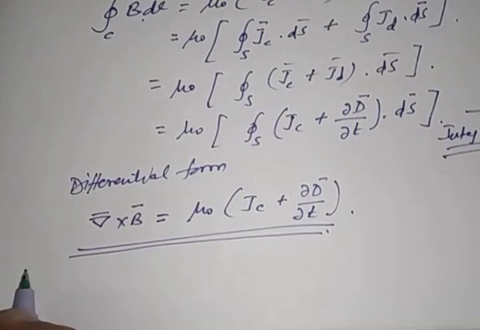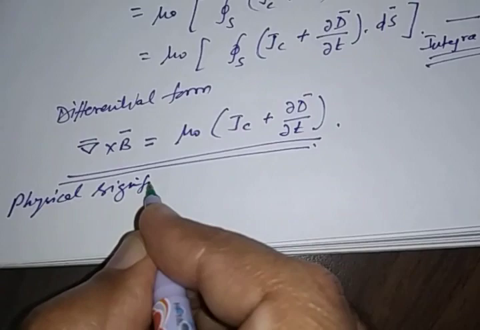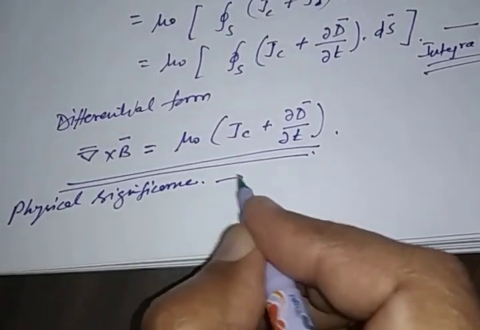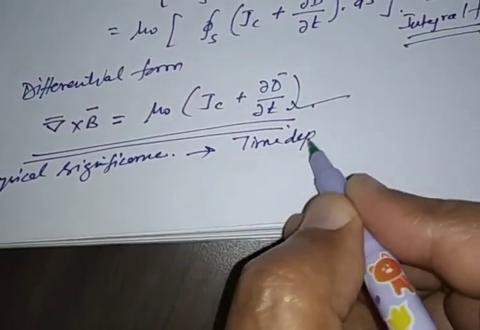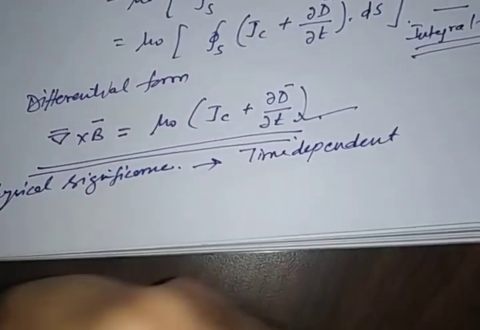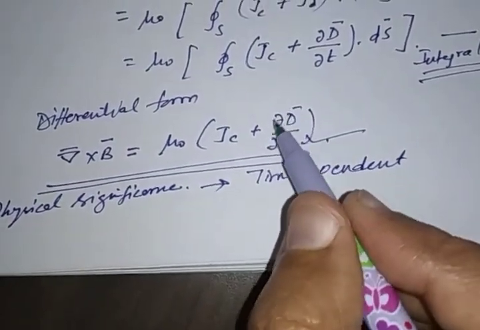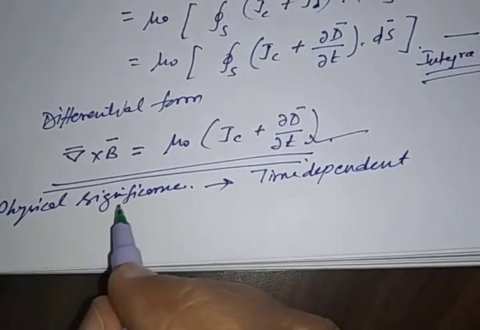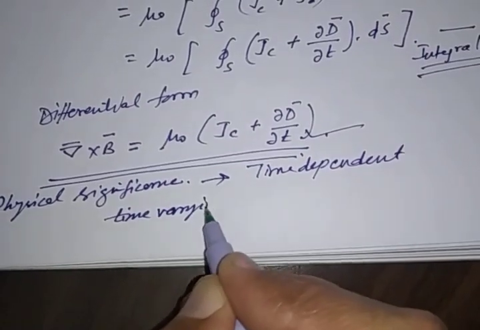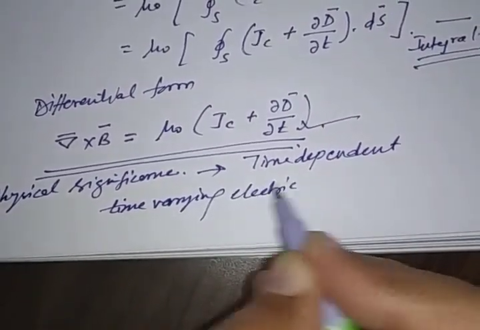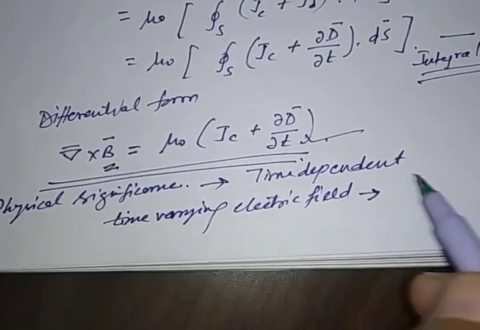If you see the physical significance, we can easily make out that this equation is time dependent, and that the rate of change of electric field, or we can say a time varying electric field, produces a magnetic field.